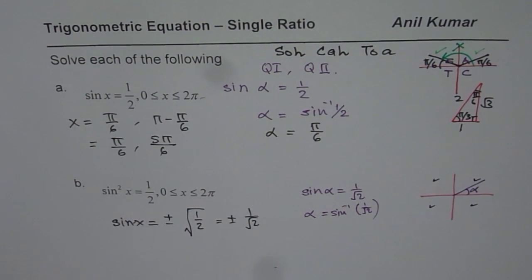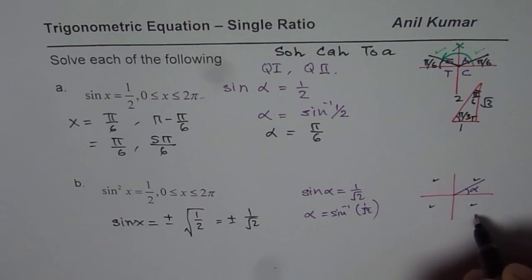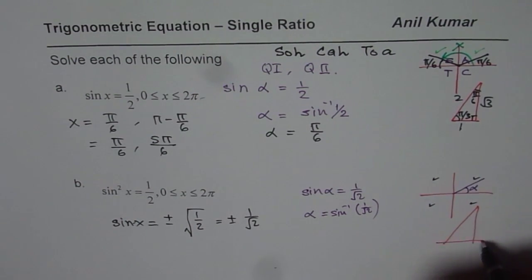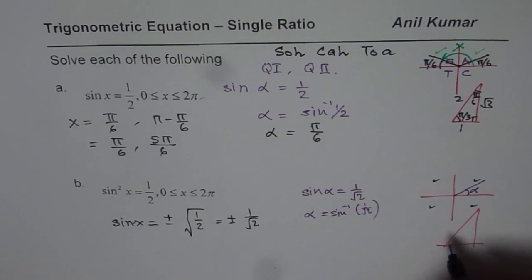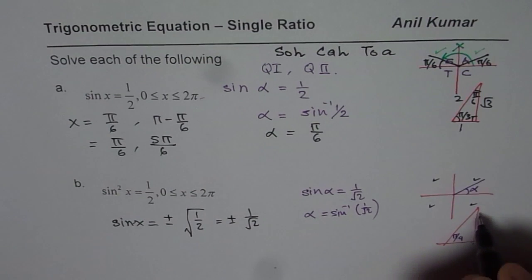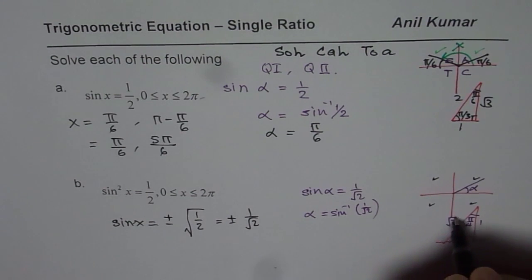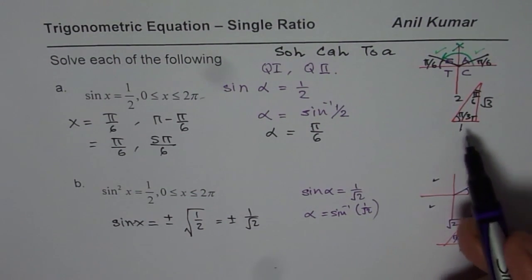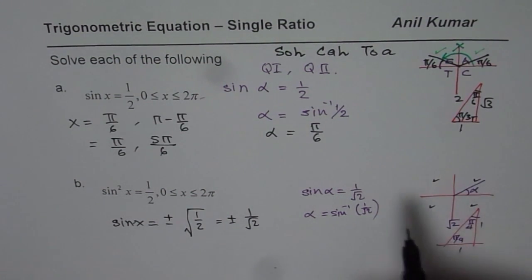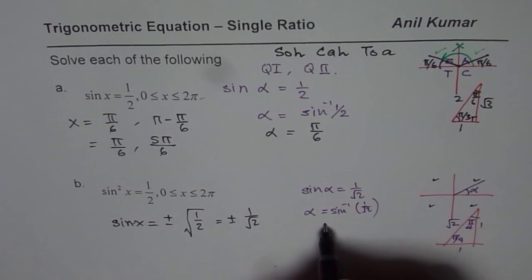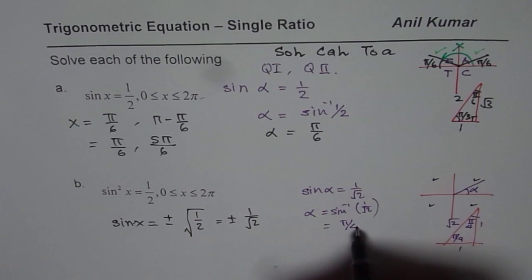I will use the special triangle once again. So in this case, the special triangle to be used is pi by 4, right? So whenever you're working in trigonometry, you should actually draw these triangles on the side so that they really help you. Just two of them. Now 1 over square root 2, pi by 4 is your answer. So we get alpha equals to pi by 4.